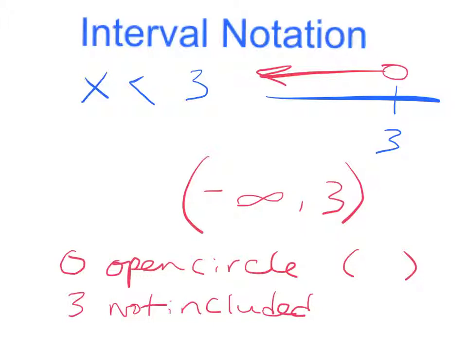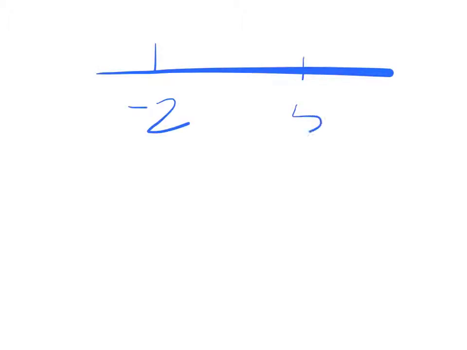We could take a segment of a number line, such as a number line from negative 2 up until positive 5. If we think about all the numbers between negative 2 and positive 5, let's include negative 2 and not include 5.